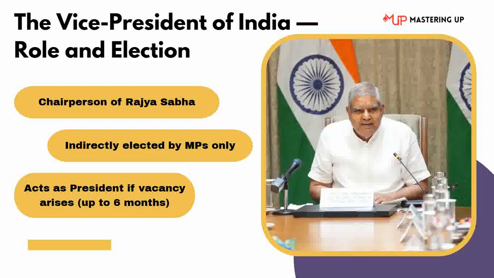In case the President's office becomes vacant due to any reason, the Vice President acts as President for a maximum of 6 months until a new one is elected. Jagdeep Thakur is the current Vice President of India.